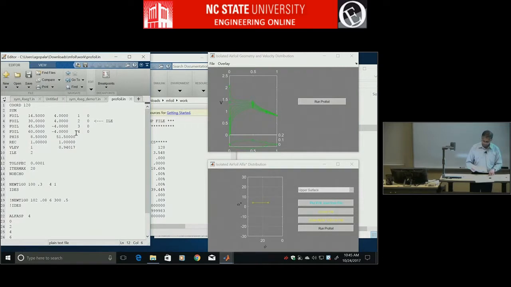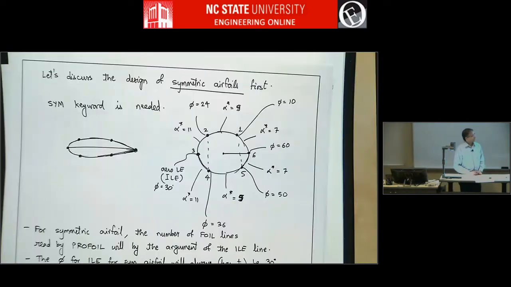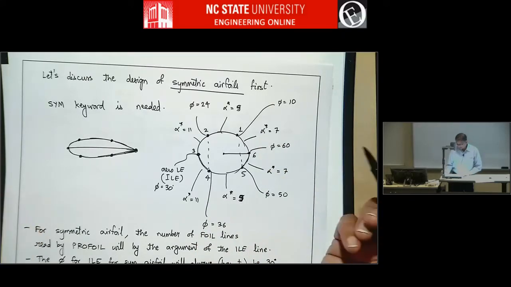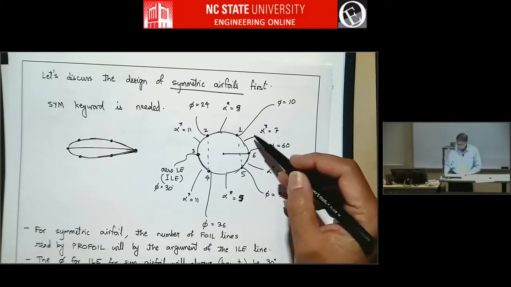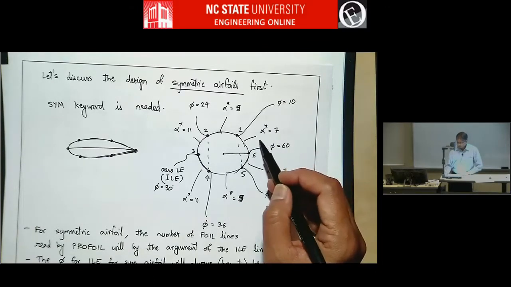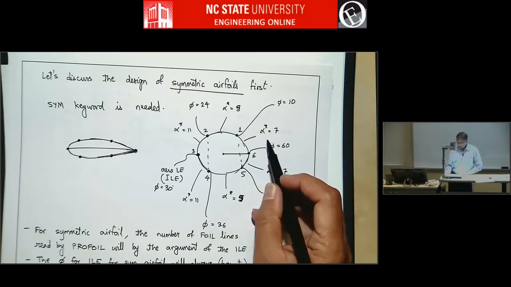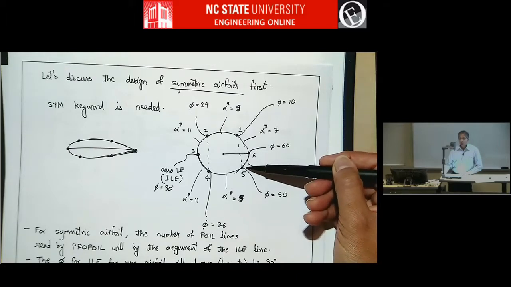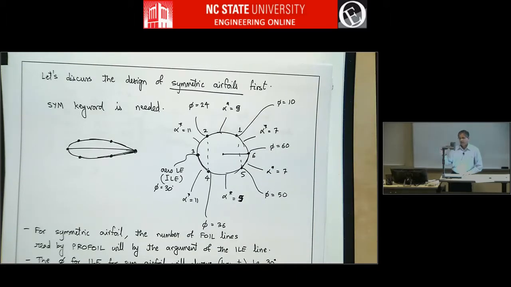Okay, so there's a correction. We have to go back to lecture 18, last 2 pages. I just kind of blanked out about this in the last class. When the upper surface alpha star for any segment is some value, for a symmetric airfoil the corresponding mirrored segment of the lower surface will have the negative of that number.